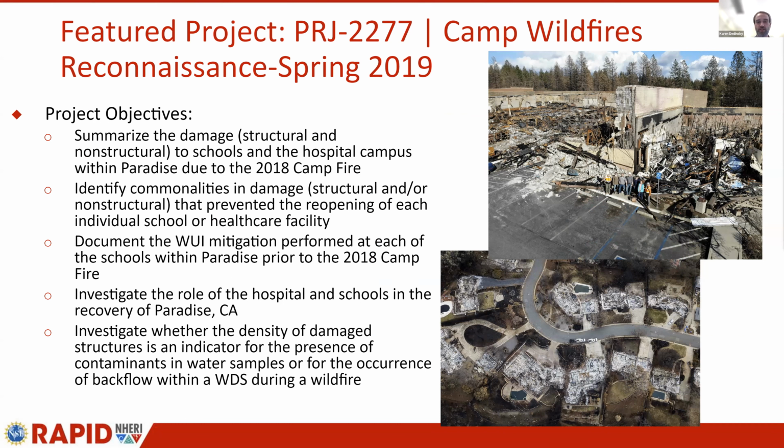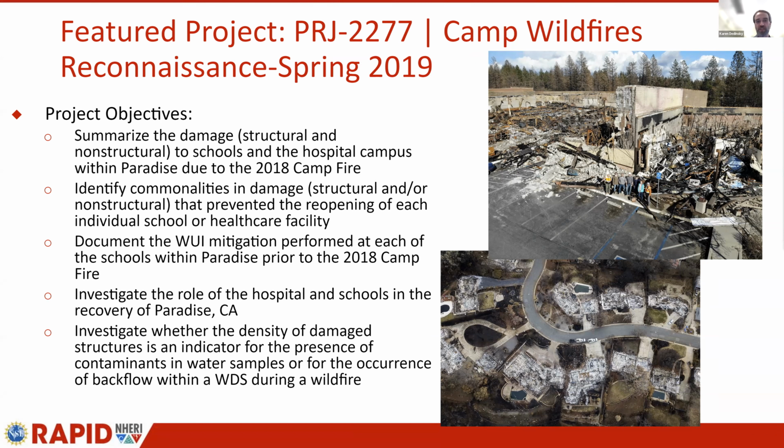This overall project was interested in documenting the structural and non-structural damage to schools and hospitals within Paradise, California. They wanted to identify commonalities in damage, both structural and non-structural, that prevented the reopening of individual school or healthcare facilities. They wanted to document the wildland-urban interface mitigation that was performed at each of the schools within Paradise prior to the wildfire.